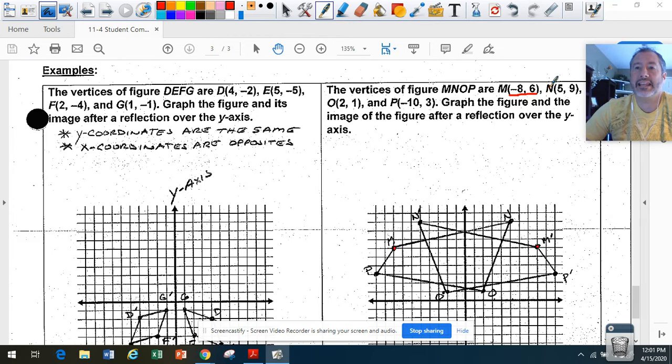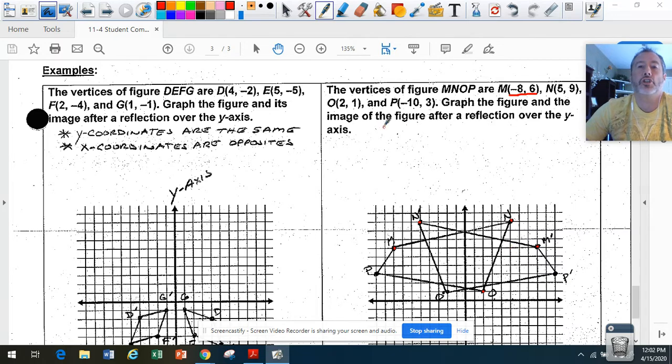Okay, let's look at the N. N is at 5, 9. So right here, positive 5, +9. There's my N. Our N prime is going to be at -5, 9. Right here is our N prime. Let's go with the O. O is located at 2, 1. Here is our original 2, 1.